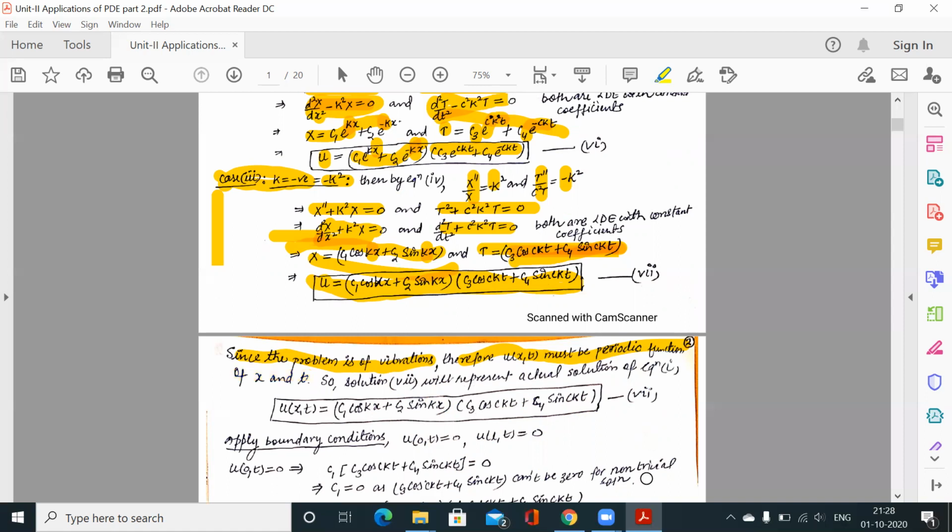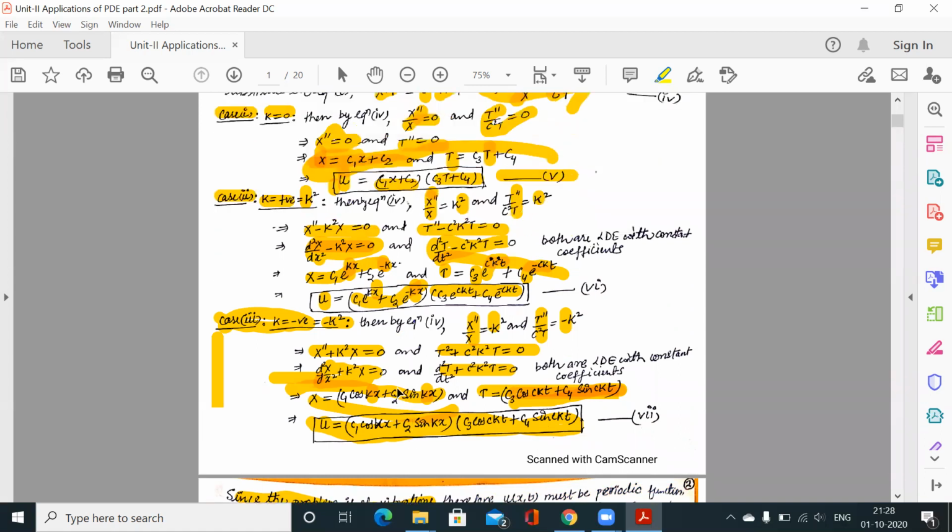If we observe the first case, we are not getting any periodic function. When you increase x, u will increase. When you increase time t, the vibration would increase. But after some time the vibration would slow down. So this solution does not suit our problem.